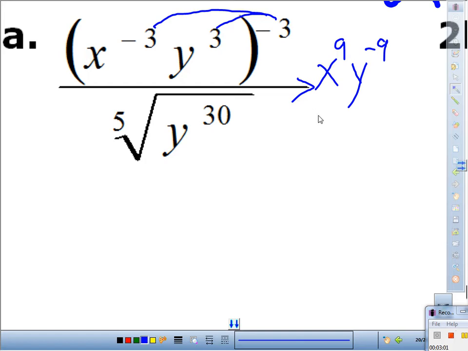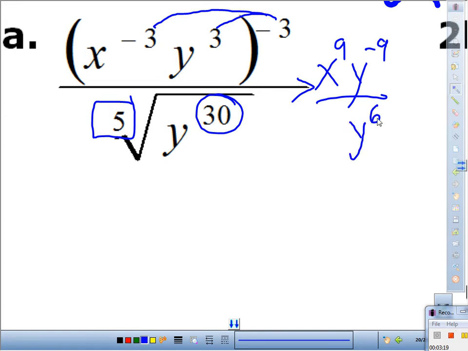We're done with the numerator. Now the denominator. You have a radical with a variable inside of it. This one has an exponent, and we have the index of 5. So what happens with these 2? We divide. 30 divided by 5 is 6, so we're left with y to the 6.